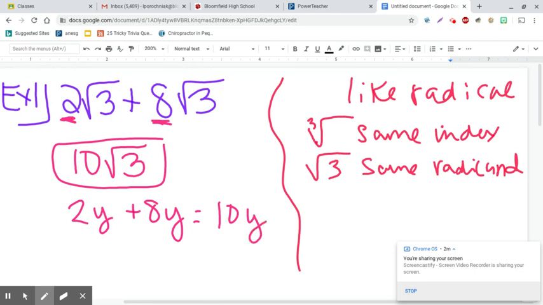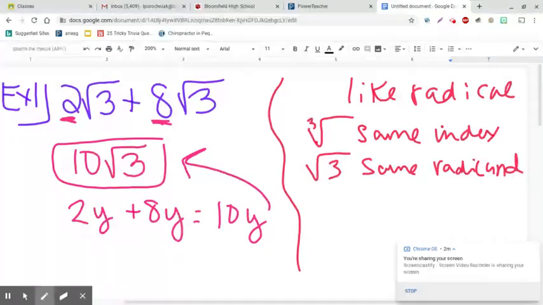It's not 10y squared. It's just 10y. That's why we do the same thing over here. So you're just adding your numbers and keeping the same radicand. Not that bad, right? Okay, good.